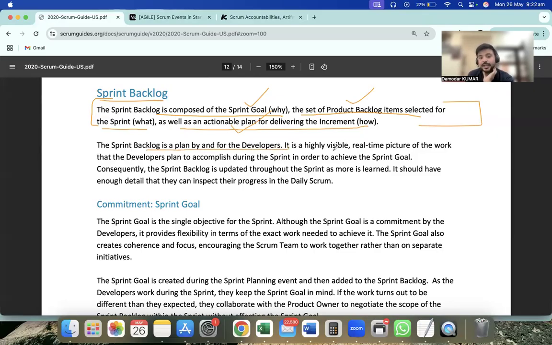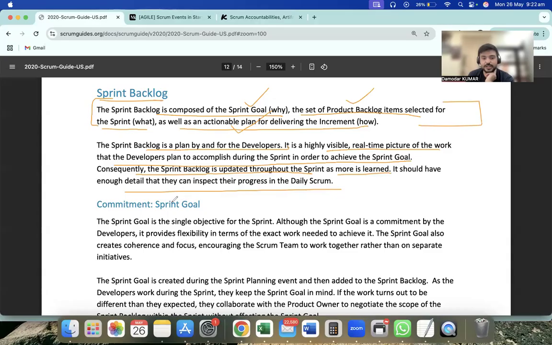It is a highly visible, real-time picture of the work that developers plan to accomplish during the sprint in order to achieve the sprint goal. That's correct. The sprint backlog is updated throughout the sprint as more is learned. It should have enough detail that the developers can inspect their progress in the daily scrum.